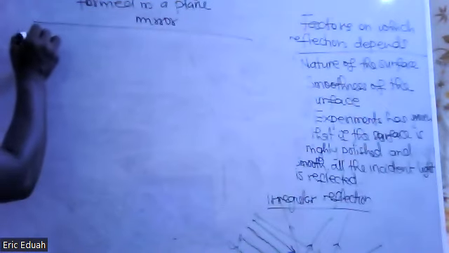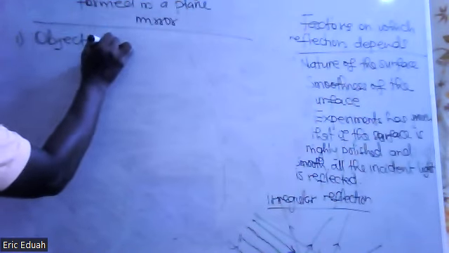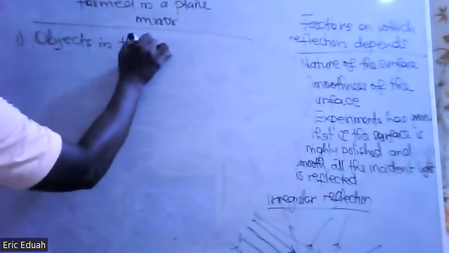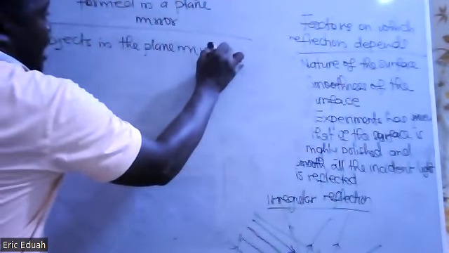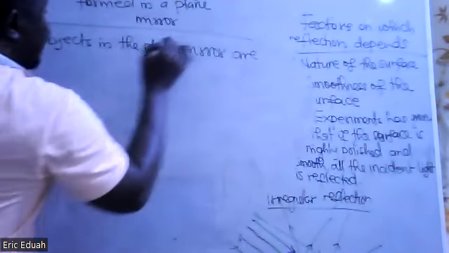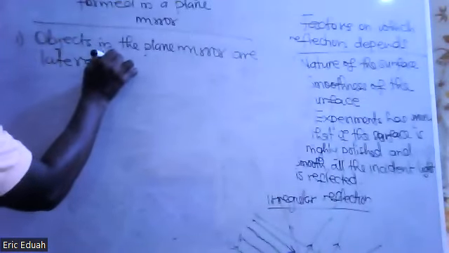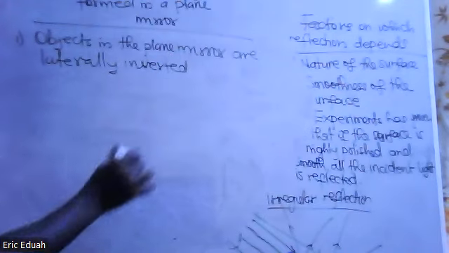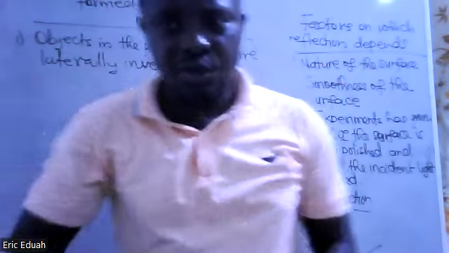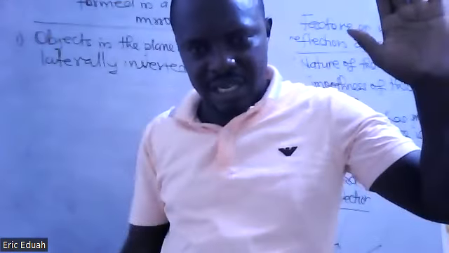You see, objects in the plane mirror are laterally inverted. So that is how to describe what you said, that you raise your right hand and it's always as if it's the left hand.